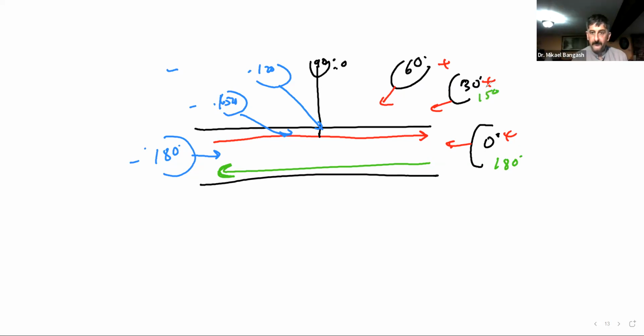This will become 150 degrees, this will become 120 degrees, and 90 degrees is 90 degrees. This will then be your 60, this will be your 30, and this will be your 0. Did that make sense?